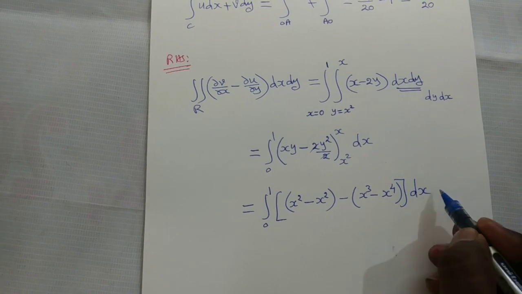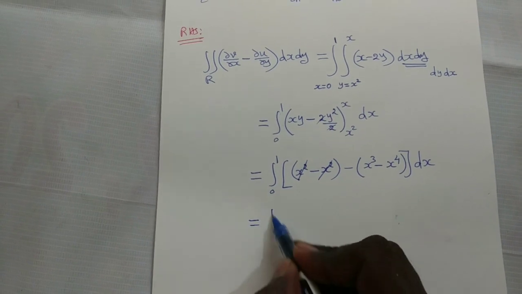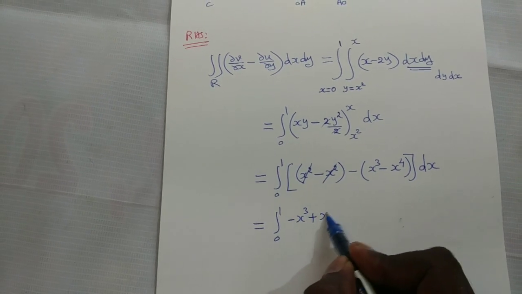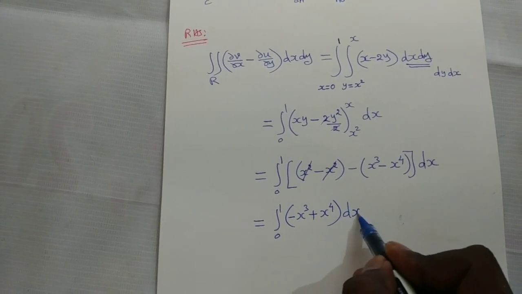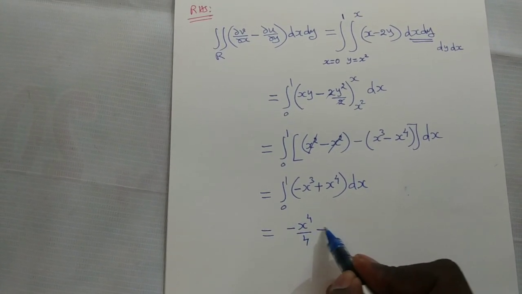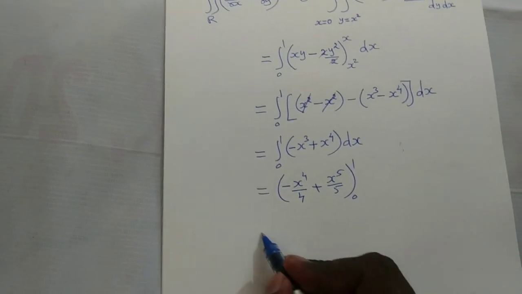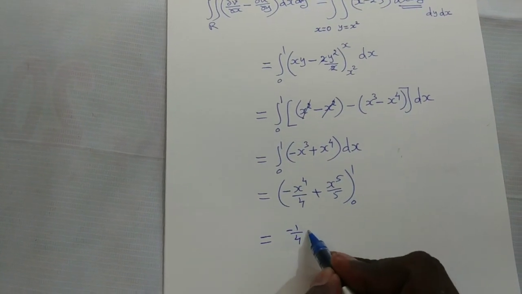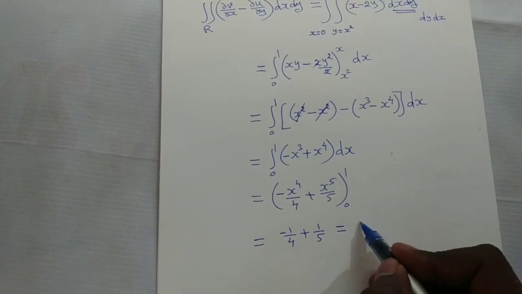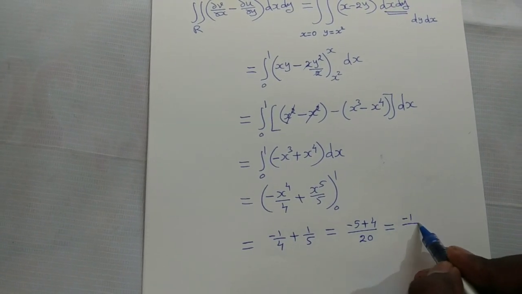Those terms cancel. So the integral from 0 to 1 of minus x cube plus x power 4 dx. Integrating, we get minus x power 4 by 4 plus x power 5 by 5, limit 0 to 1. Substituting the upper limit, minus 1 by 4 plus 1 by 5; the lower limit 0 we can leave. Taking the LCM, minus 5 plus 4 by 20, so this is minus 1 by 20.